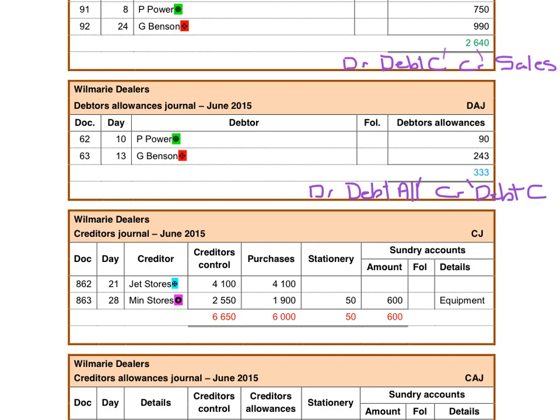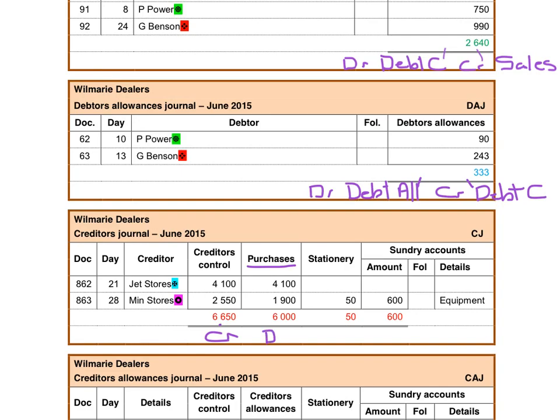In the creditors journal, it will look exactly the same as the creditors journal in the perpetual system. We only have a purchases column instead of an inventory column. So when we post these entries to the ledger, we will credit creditors control because we owe them more money.